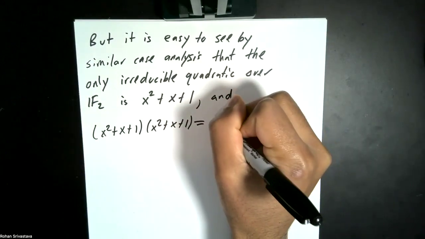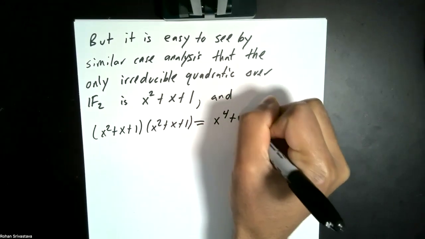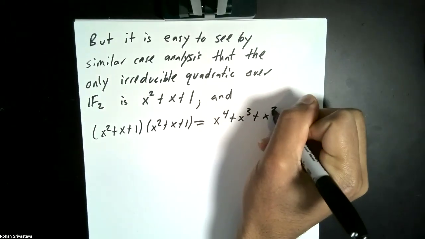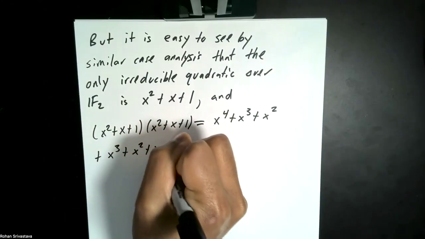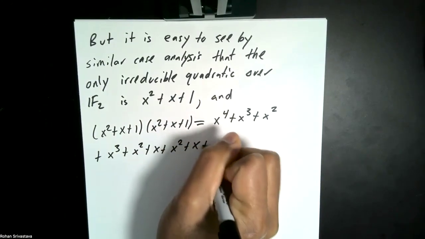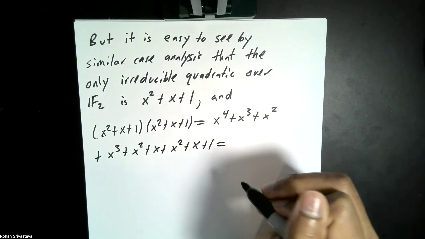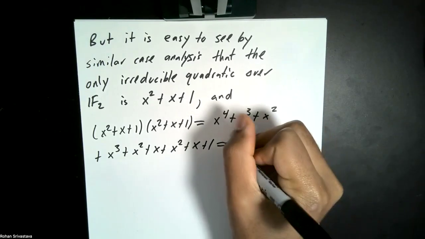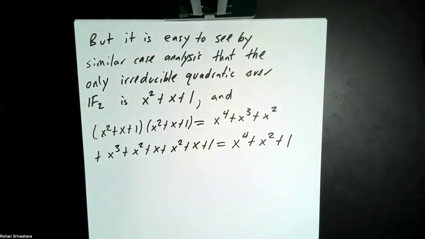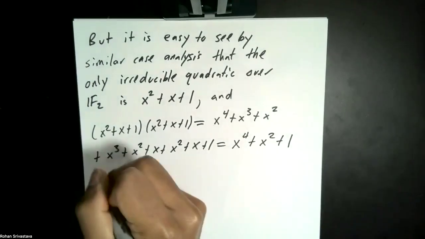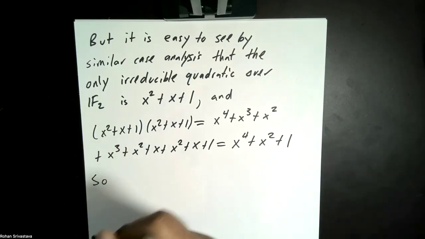Well, it's x to the fourth plus x cubed plus x squared plus x cubed plus x squared plus x squared plus x plus 1, which when you reduce everything mod 2, you get x to the fourth plus x squared plus 1, which in particular is not the polynomial we claimed was irreducible.